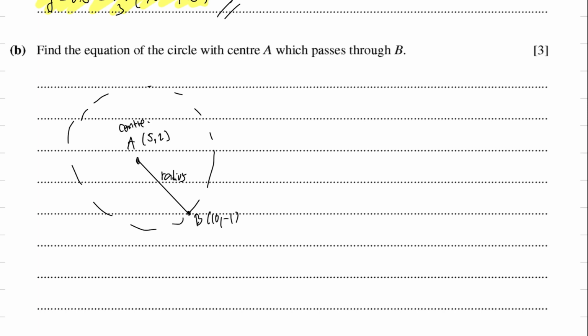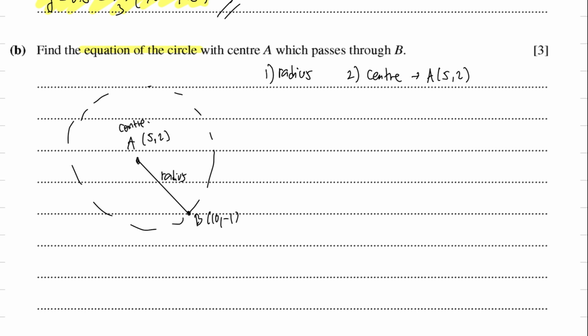To find the equation of the circle, you need two things. The first one is the radius, and the second one is the center. But we know the center already, which is A. So the center is A (5, 2). So we just need to find the radius.